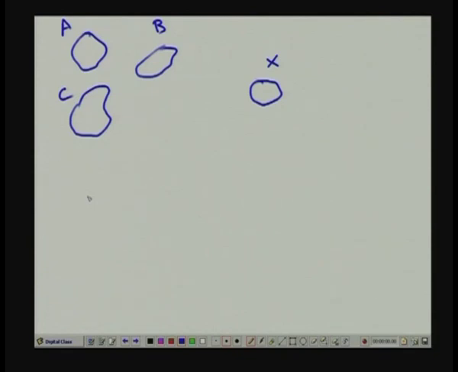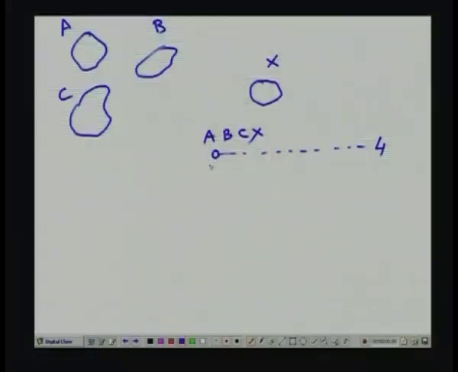First I have to start with the lowest order, and for a 4-connected chain code, the lowest order of the shape number is equal to 4. If I find that for the lowest order all these shapes A, B, C and X are similar, then I put them as a single node in a tree. So, this is for 4th order. Then I go for 6th order. Still I may find that A, B, C and X are similar.